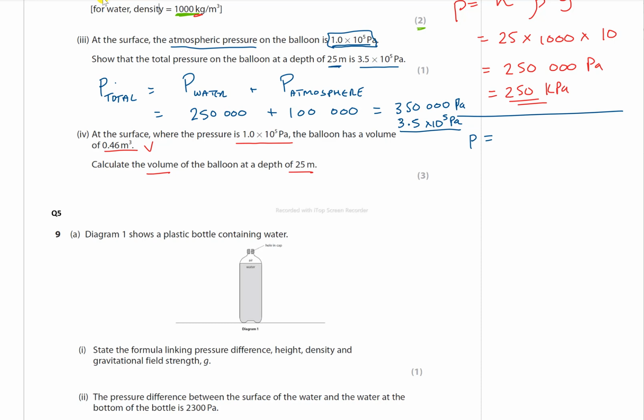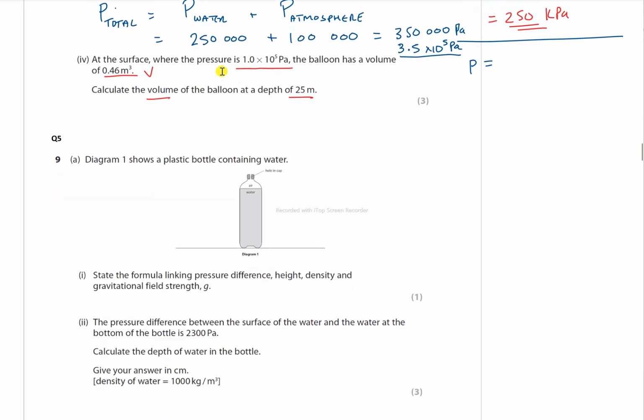Okay, at the surface, the pressure is 1.05. That's the volume of that. Calculate the volume. Right, this is the other formula that we need to learn now. We need to learn pressure 1, volume 1 is equal to pressure 2, volume 2.